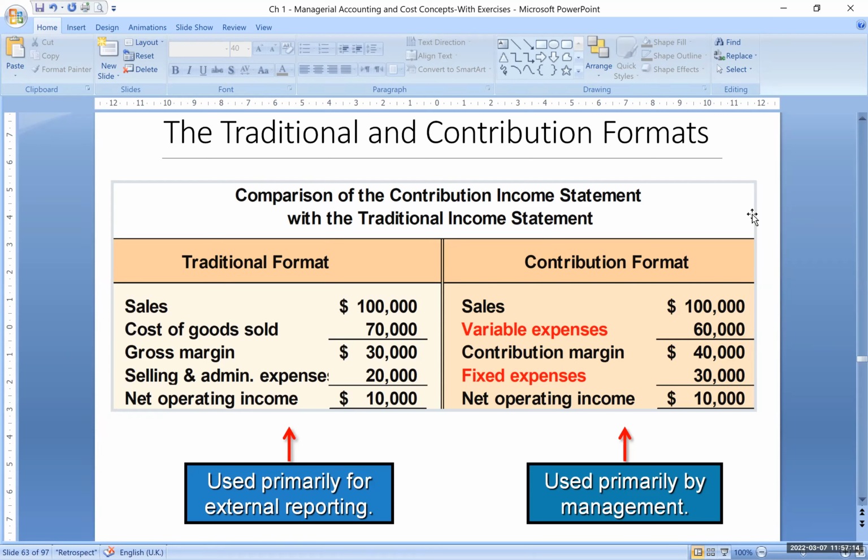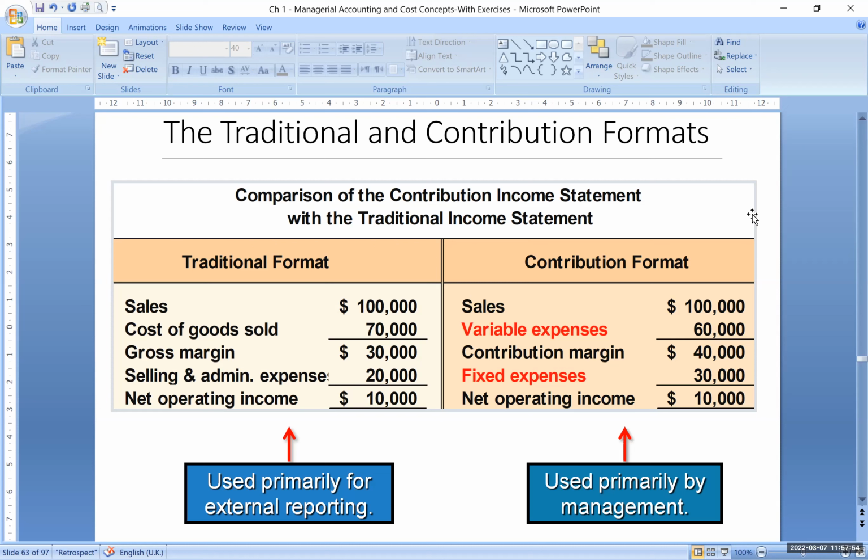The contribution format will start with the sales 400,000, but we will consider only variable expenses to calculate something called contribution margin. The contribution margin simply is the difference between the revenues and the variable expenses only. So revenues, which is sales or sales revenues, 100,000, minus variable expenses for 60,000.